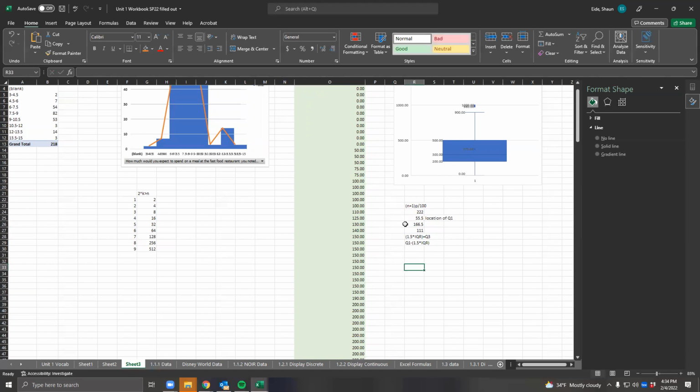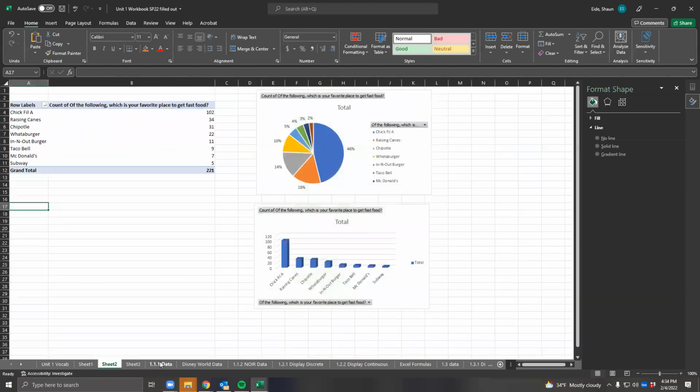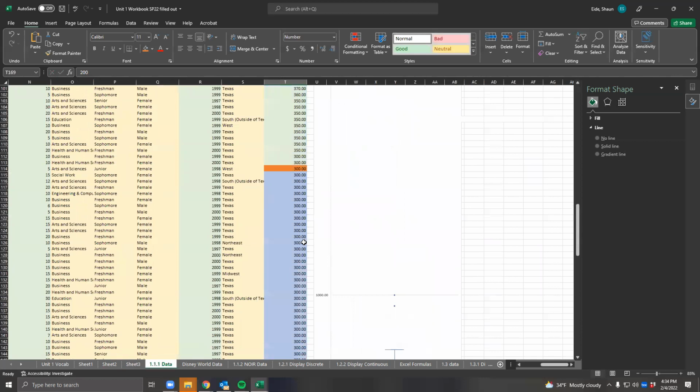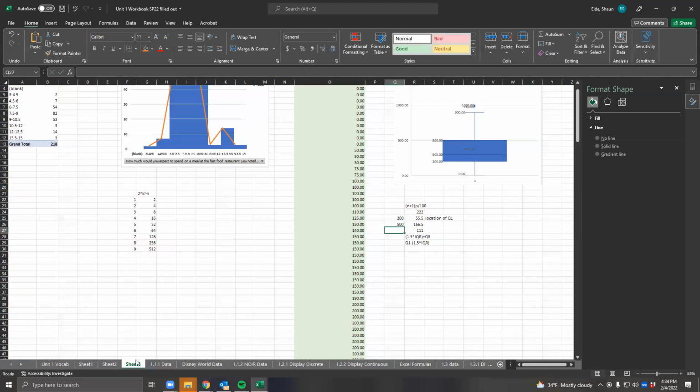So we've got an interquartile range of 500 minus 200, which is 300.